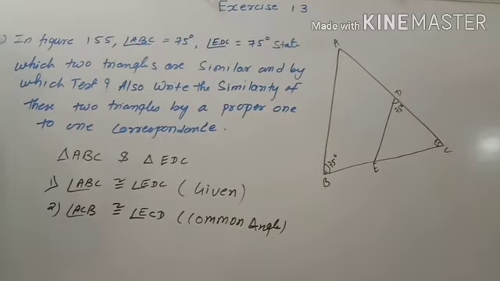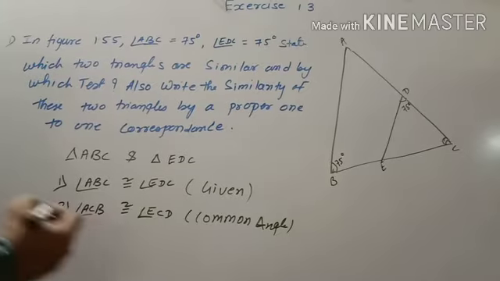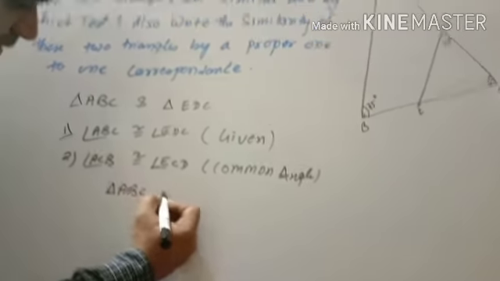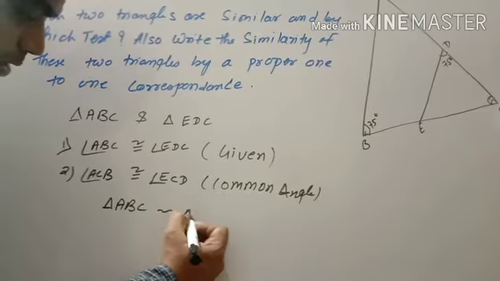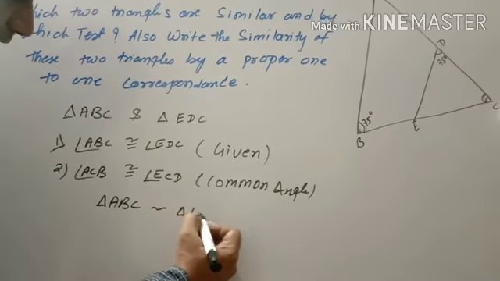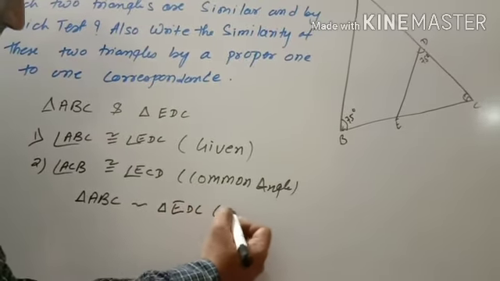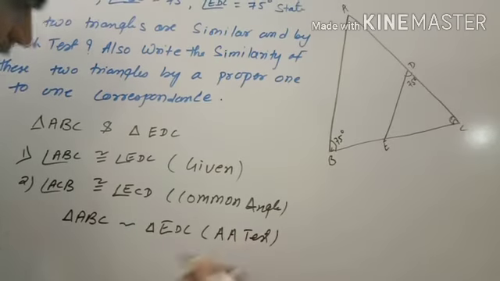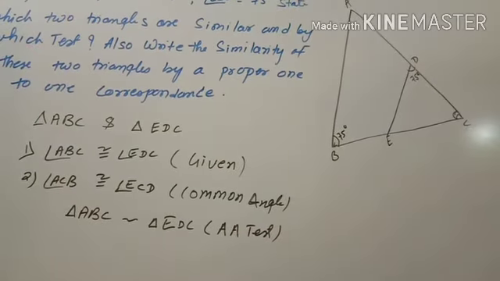So two angles are proved. Therefore, triangle ABC similar triangle EDC. By which test? AA test. Two angles are proved.